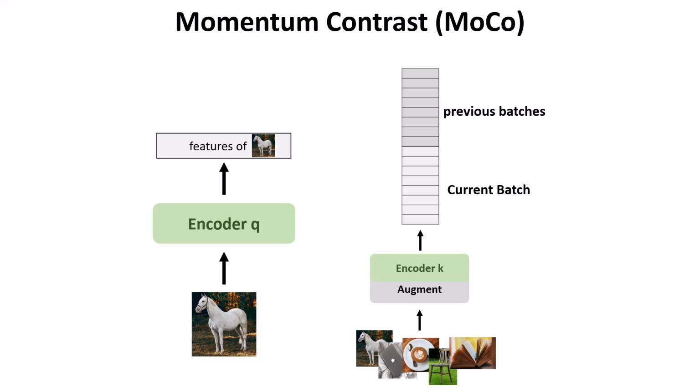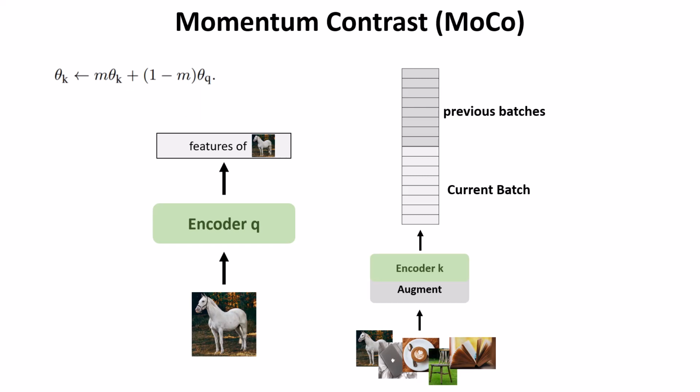But momentum contrast says, okay, now that you have two different encoders, you can update the weights of encoder Q with gradient descent the usual way, but for the key, you have to use this formula, which is an exponential moving average, which says the updated parameters of the encoder key is m times the current parameters of the key plus 1 minus m times the parameters of query.